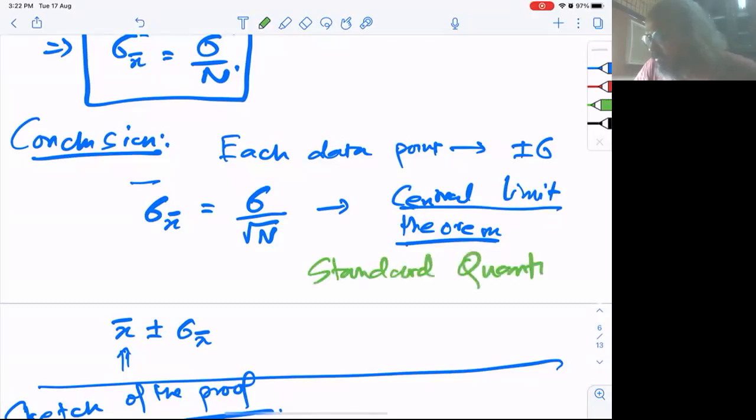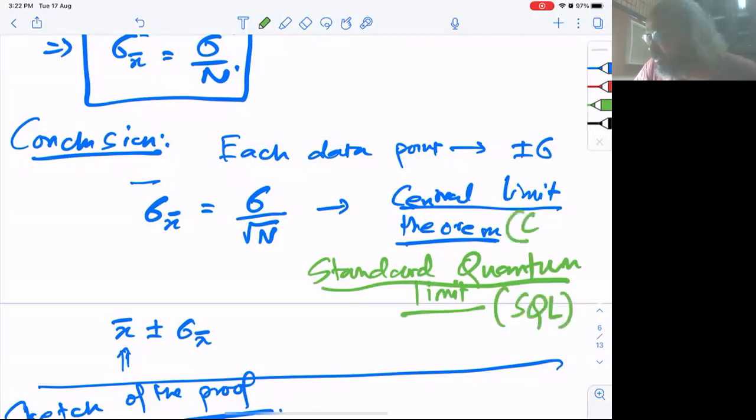Actually, the only part where the quantum comes in, so it's also called SQL. I have used the term central limit theorem. If you have done statistics, this is a random process. Every data point is a random pick. It's like a random walk, and you are asking what is the variance of my sample mean? And that's basically 1 over square root of n.